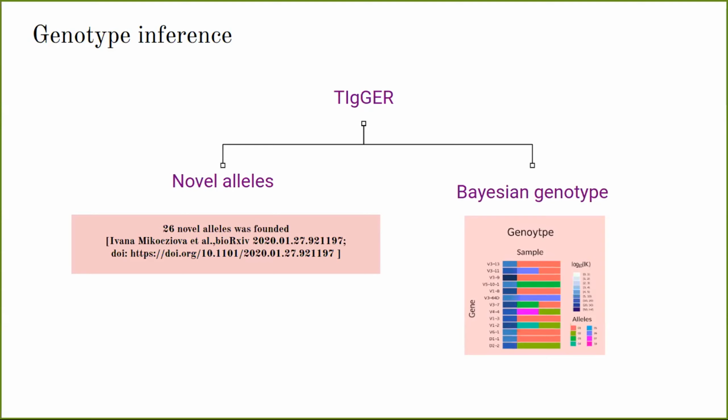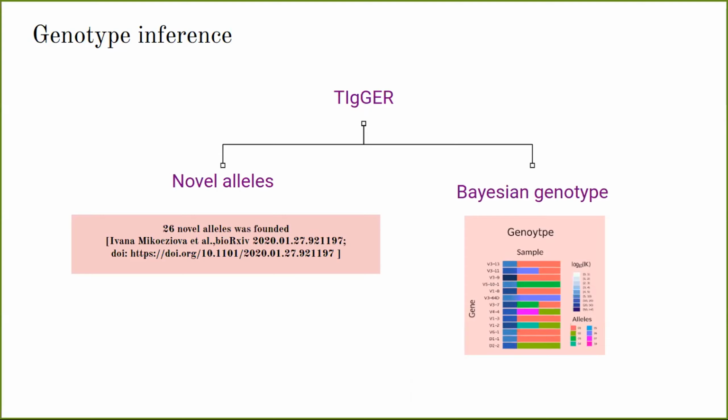Now, knowing the exact alleles and genes of an individual can help downstream analysis. When we have misassignments, it can introduce a lot of bias that will eventually influence the decisions that we make.